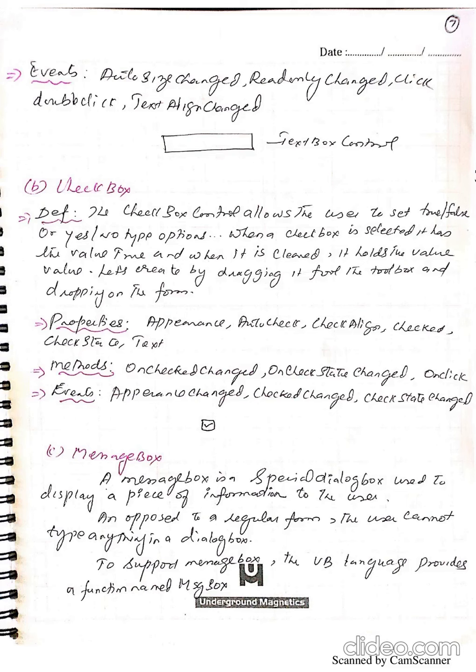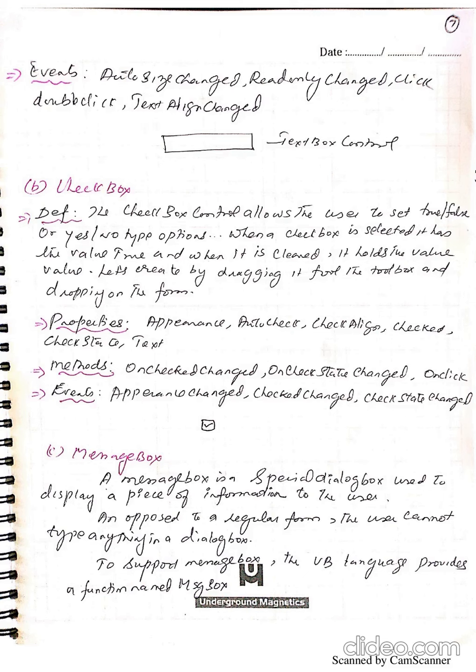Properties: text align, font name, caption value, index, enable, visible, random, multi-lines. Methods: clear, copy, cut, paste, reset, undo, append text. Events: auto size, change, click, double click, text align, change.